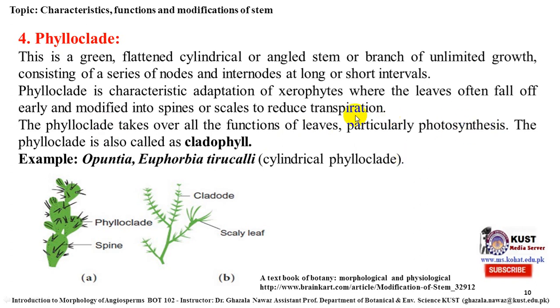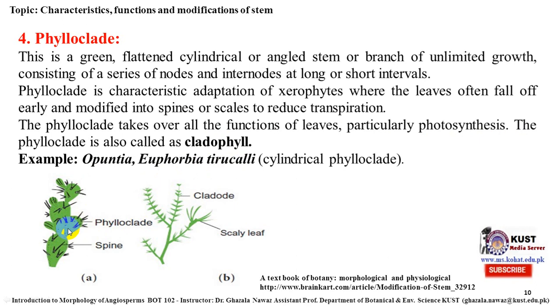As the leaves get modified into spines, the process of photosynthesis is performed by the stem, and not only photosynthesis, they also help the plant to store food. The phylloclade is also called cladophyll. Examples are Opuntia and Euphorbia tirucalli.